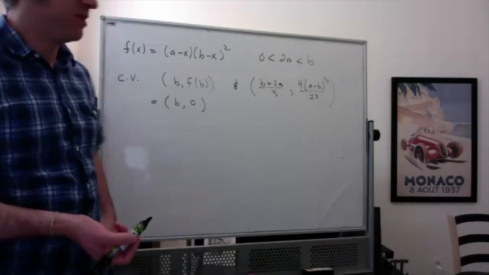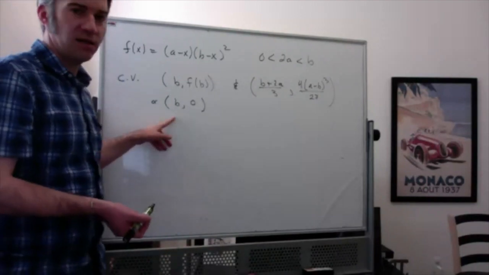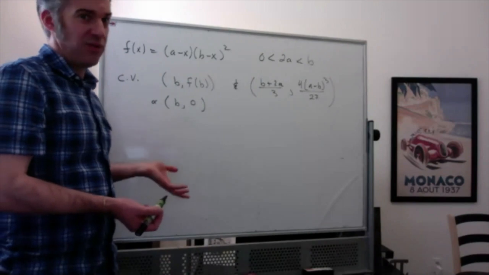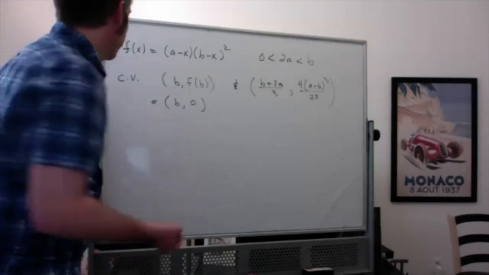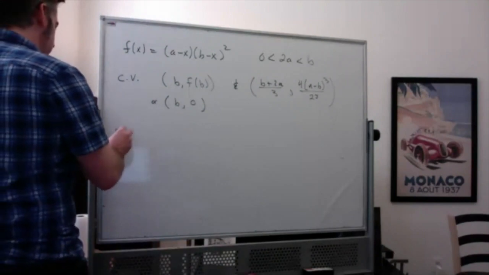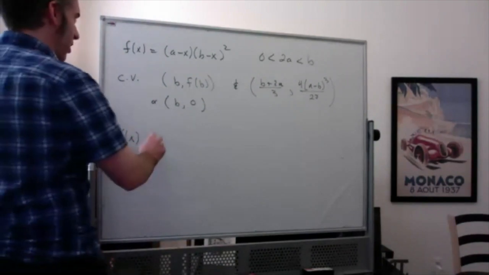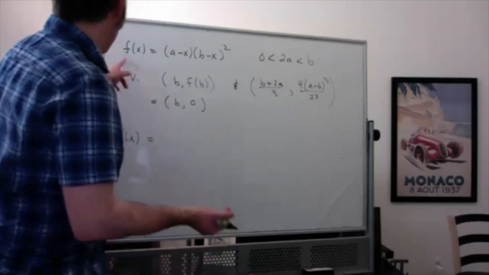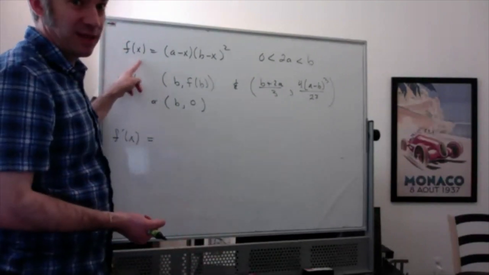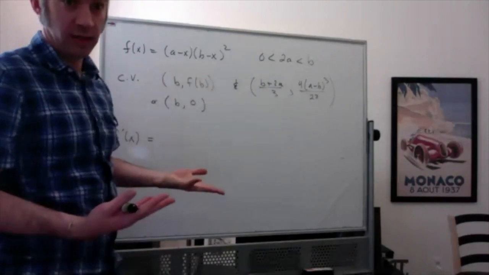So I want to know if this point here is a max, a min, or neither. So I probably need to use the first derivative test, which means I need to take the first derivative. I'm going to use the product rule. Remember, we have a function of x. A and b are constants.